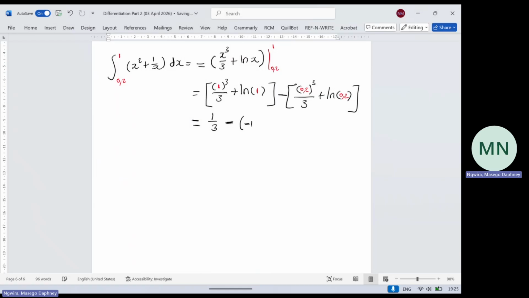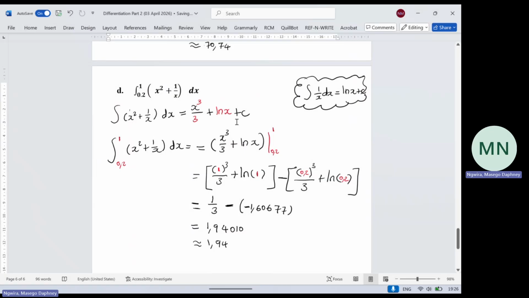So this is negative 1.60677. And then my answer is going to be 1.94010, and then approximately I can just round it off, so 1.94, because the number after 4 is less than 5. Okay, so I hope I did it correctly.